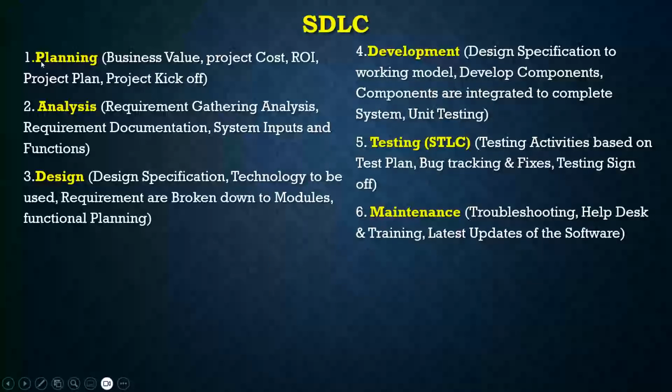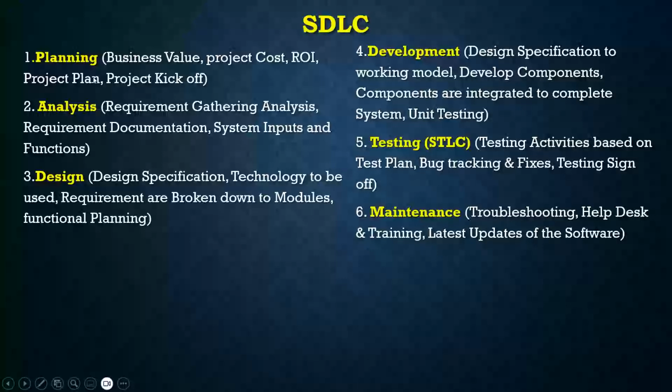So the number one phase should be planning. Let's say you receive a business requirement, you will plan what we should develop, how we prioritize, and all those things. In the planning phase, your team assesses the business value. Like you have 100 features, how many features would have business value, what will be the project cost.